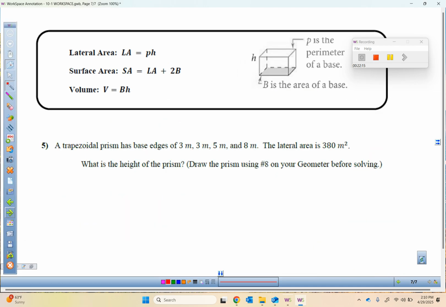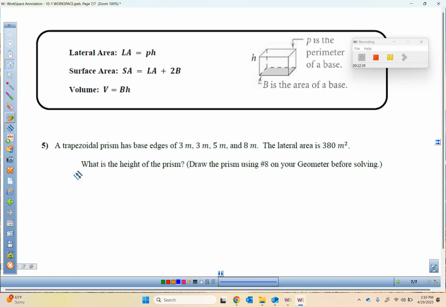Okay, if you want to be nice and neat, this is number 8 on your geometer. Okay. If you think you can freehand it, I'm going to freehand mine because I have a hard time tracing my geometer on my computer. Otherwise, you might want to use your geometer. So it's number 8. So let's go ahead and get the prism down.